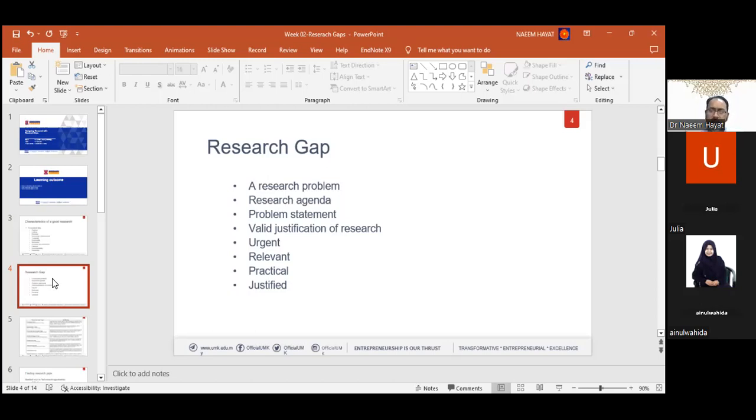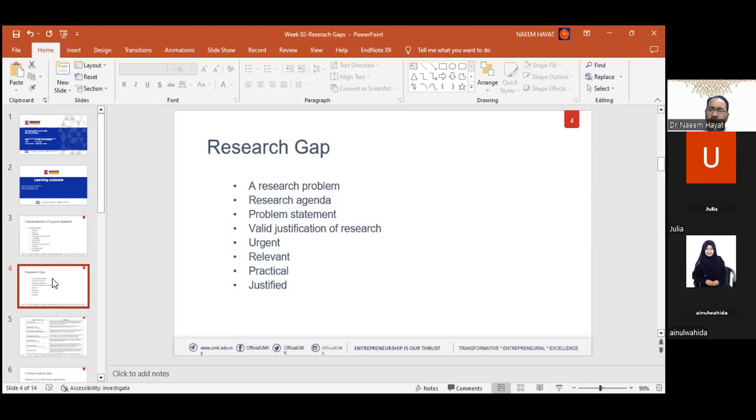It means if some issue is already gone, it may not be important right now. So urgency is there. Maybe if it has a late urgency, it may be postponed. So normally when we are doing our research, we make a case that the problem is urgent and must be resolved now. Relevancy: the context in which we are designing a research must be relevant. Like right now, the climate issues.